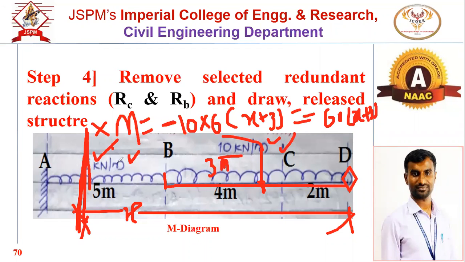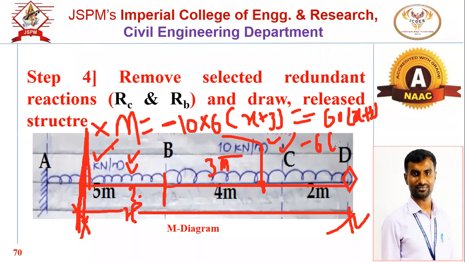And what about this 6 kilonewton per meter? The moment will be again clockwise. So that's why minus 6 in bracket, this UDL, and this is the perpendicular distance, or the distance under consideration. It will be this much, and this distance will be total x minus this 6, total x distance minus this 6 meter.